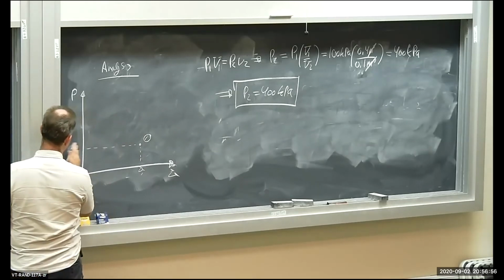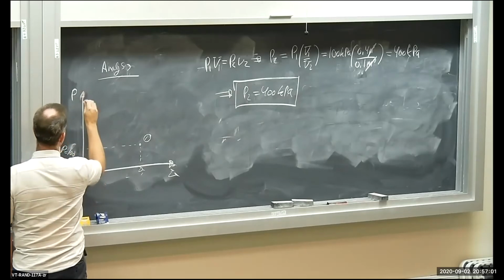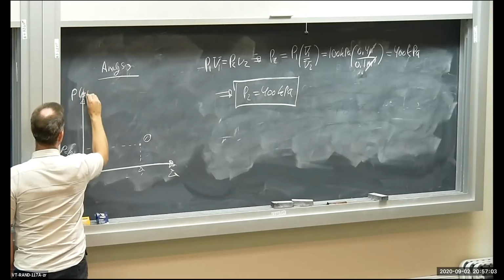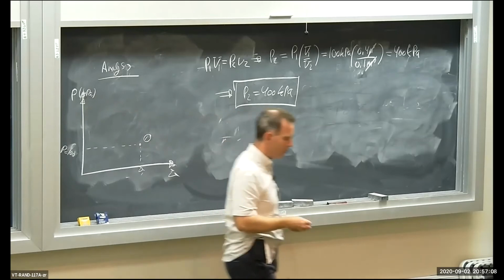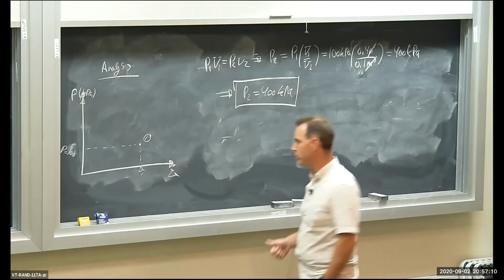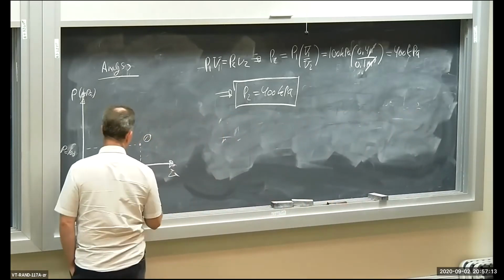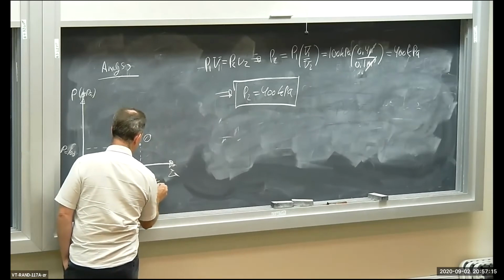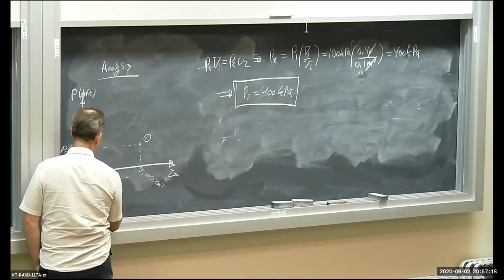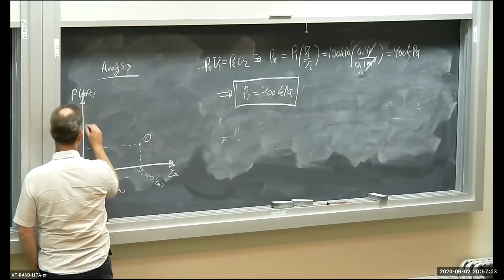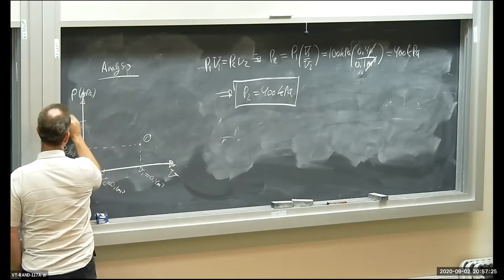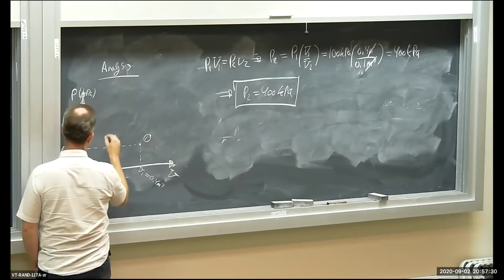So P1 is 100 kPa. We have an isothermal compression process. As you squeeze the gas, the pressure goes up and the volume goes down. We start off at 0.4 cubic meters, and then we end up at V2, which is 0.1 cubic meters. But the pressure goes up to P2, which is 400 kPa.